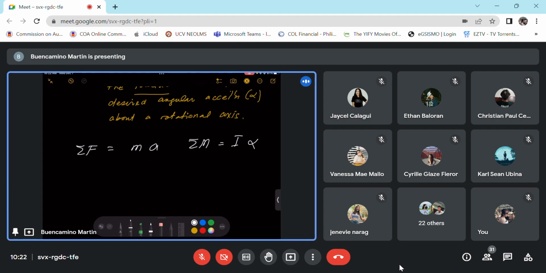So dito, class, yung first equation natin is dealing with rectilinear or translational motion. Rectilinear motion ito, while this one is rotational motion.